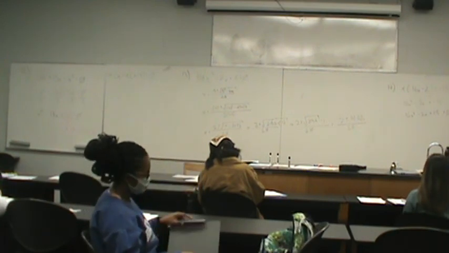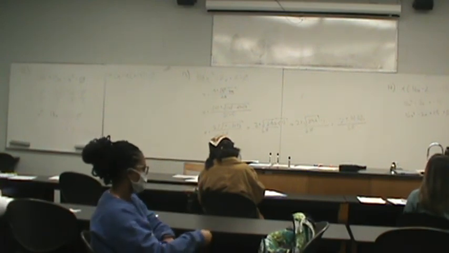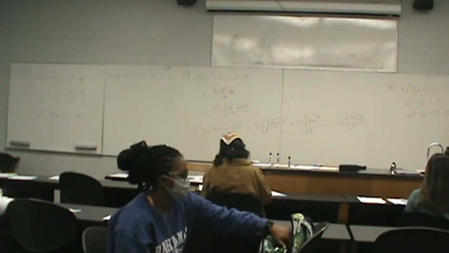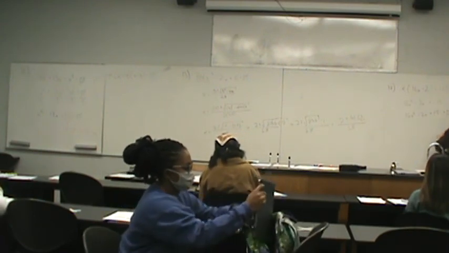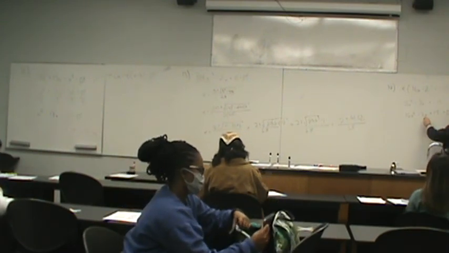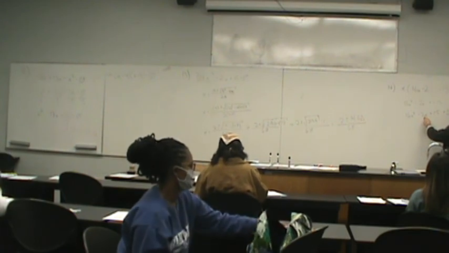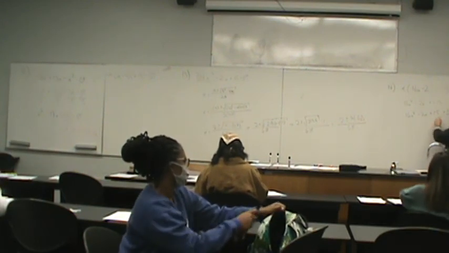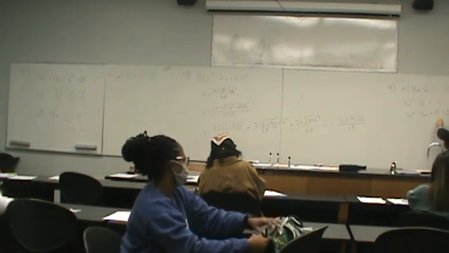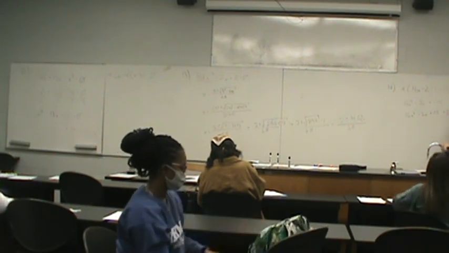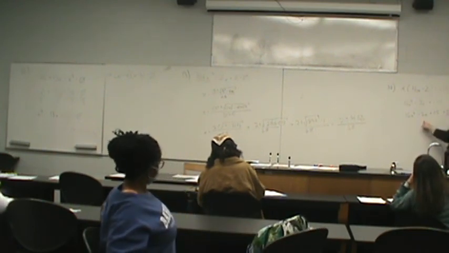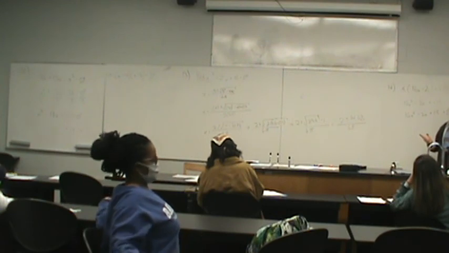Looking at this, I can tell the answer would have been complex because b squared is going to be far smaller than 4 times a times c. As long as 4 times a times c is going to be bigger than b squared, you will have an imaginary answer.